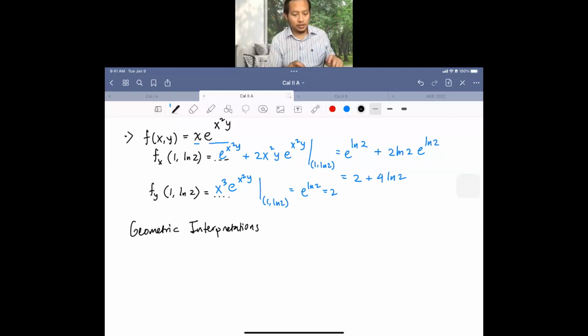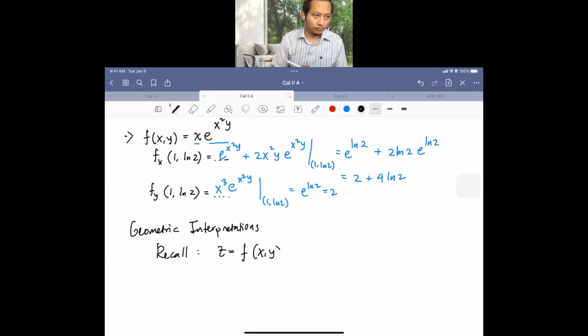Geometric interpretations of the partial derivative. Okay. Now recall that z is a function of xy, and this will represent a surface, as we mentioned, I think, in the previous discussion.